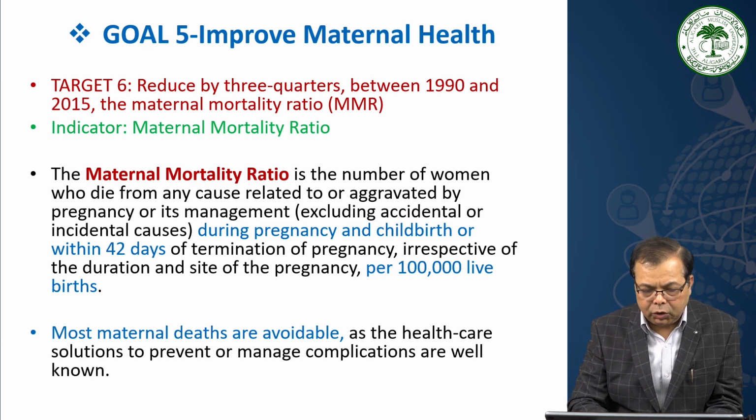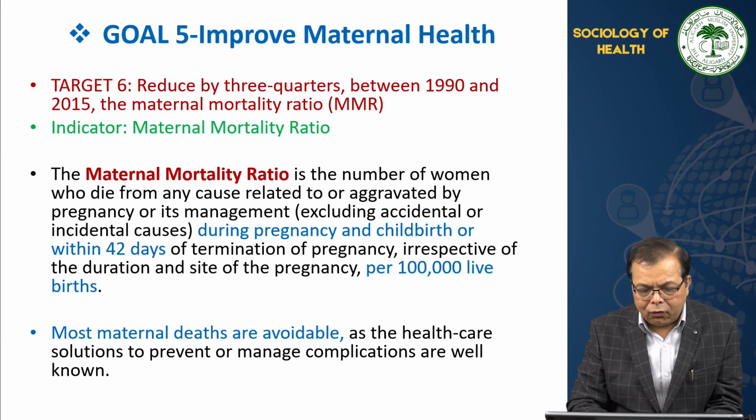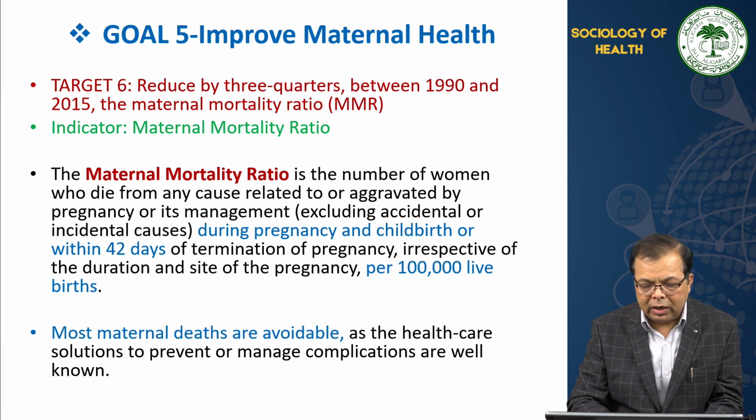The MMR is the number of women who die from any cause related to or aggravated by pregnancy or its management, excluding accidental or incidental causes, during pregnancy and childbirth or within 42 days of termination of pregnancy, irrespective of the duration and site of the pregnancy, per 100,000 live births.